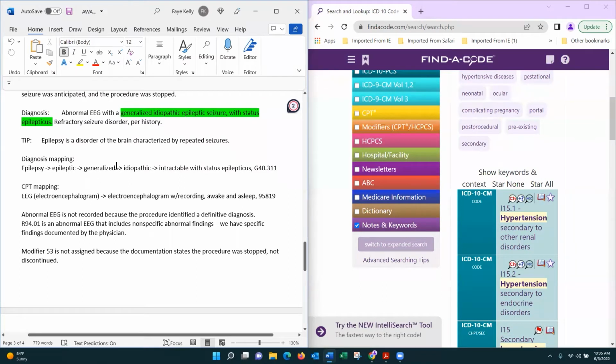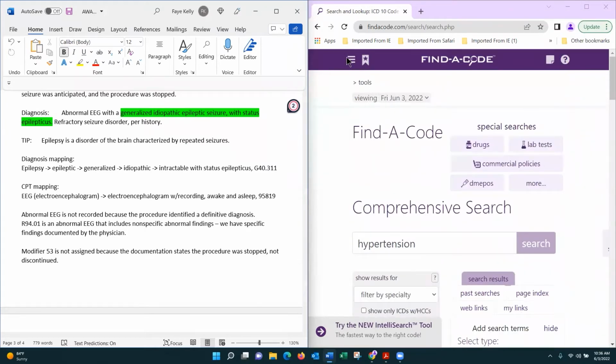I will probably send these sheets out to each one of you because I want you to follow through, and I took the time to put all this information in here so that you could easily go back and look. Even though you may have gotten the codes correct on your coding, we still want to look at this and break it down for us.